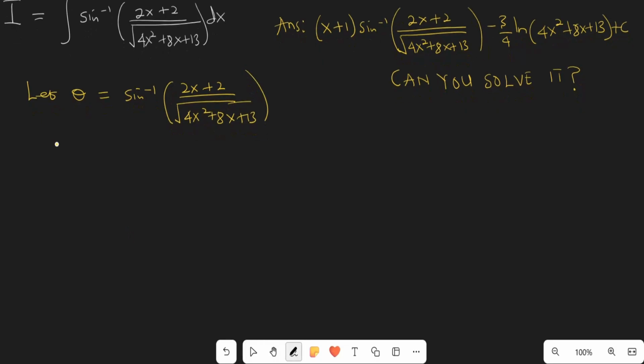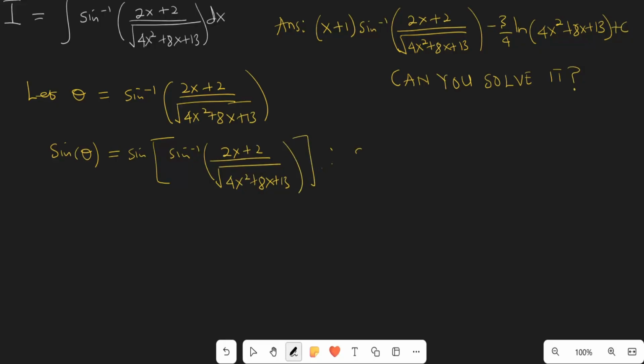And I'm going to take sine on both sides, so sine of theta on the left hand side is equal to the sine of the sine inverse of (2x + 2) divided by the square root of 4x² + 8x + 13.